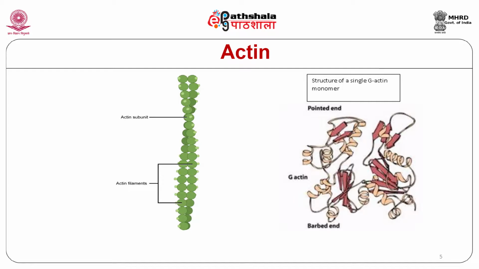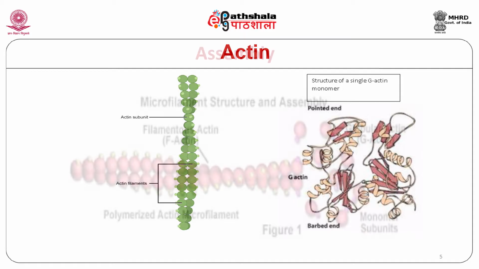Actin filaments exhibit polarity, plus and minus ends, because all the actin monomers are oriented in the same direction. Since each actin monomer is rotated by 166 degrees, it has the appearance of a double-stranded helix. The figure shows the structure of a single G-actin monomer.